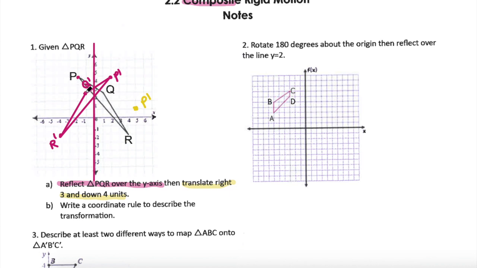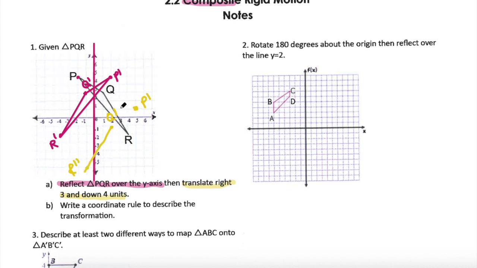Q is going to move to the right 3, so 1, 2, 3, and down 4, 1, 2, 3, 4, and that is our point Q prime. And R is moving to the right 3, 1, 2, 3, and down 1, 2, 3, 4, and there is our point R prime.